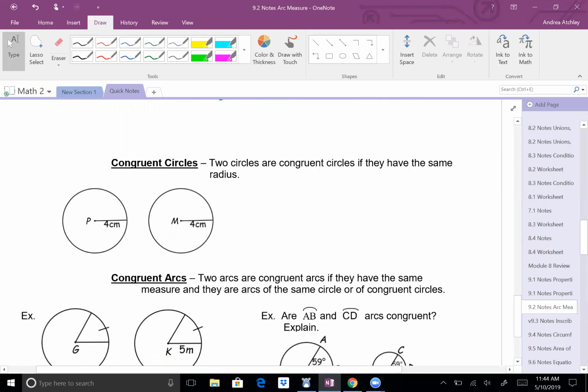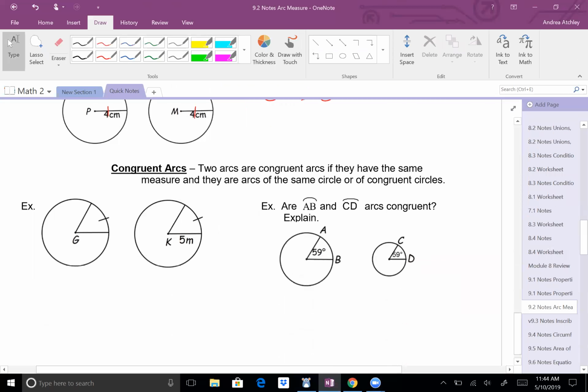Okay, congruent circles. Two circles are congruent if they have the same radius. The radii have to be congruent. So it would say circle P is congruent to circle M. Now congruent arcs: two arcs are congruent if they have the same measure and they are arcs of the same circle or congruent circles.